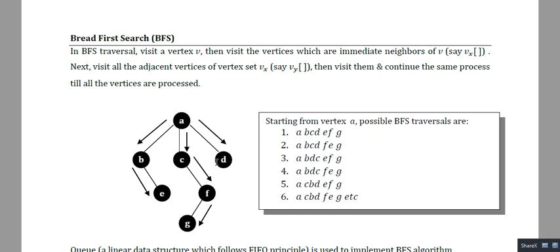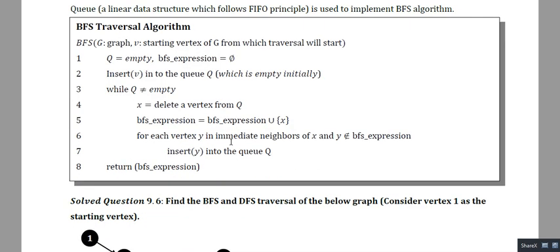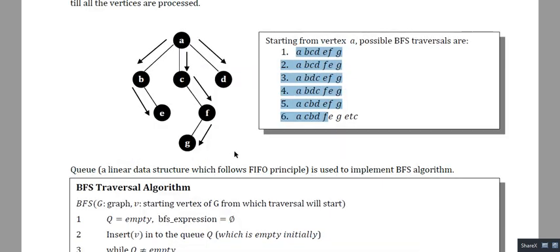And again in this case you can also alter the sequence. Somebody can take A, B, C, D, someone can take A, C, D, B. So the answer will vary. These are all possible BFS traversal expressions I have given. The algorithm is quite similar to the DFS algorithm.